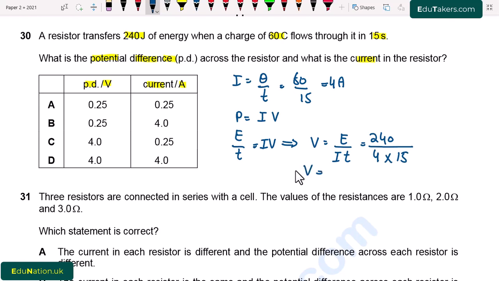So the value of V will be equal to 4.0 volt. From here, first option is 0.25, 0.25, B 0.25, 4.0, C 4.0, 0.25, D 4.0 and 4.0. So current is 4.0 ampere and voltage is also 4.0. So D option is correct.